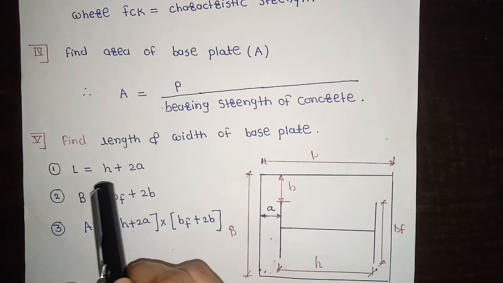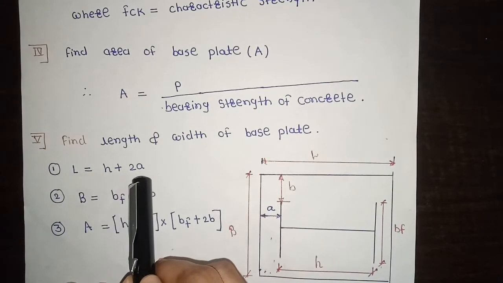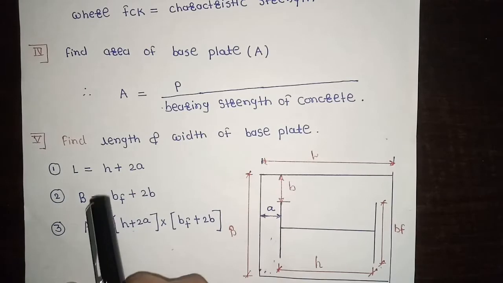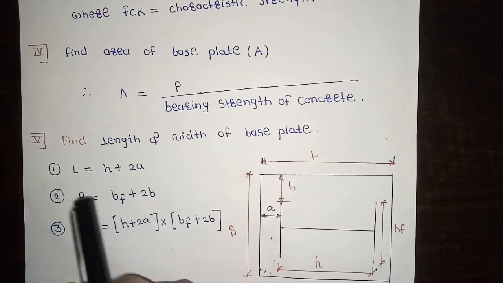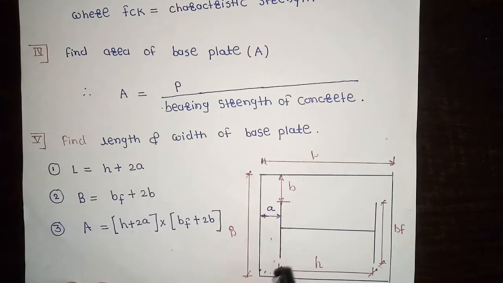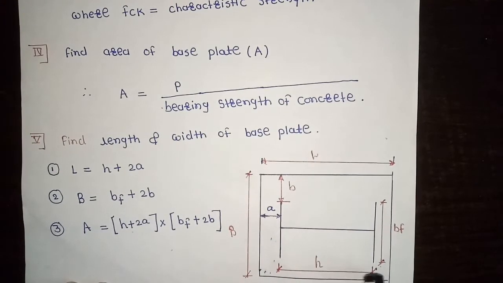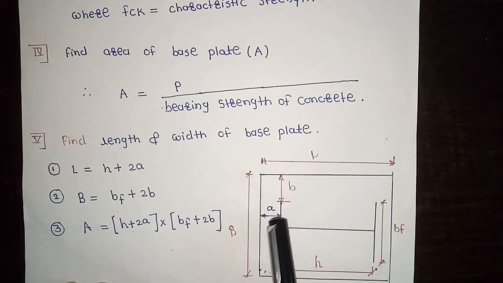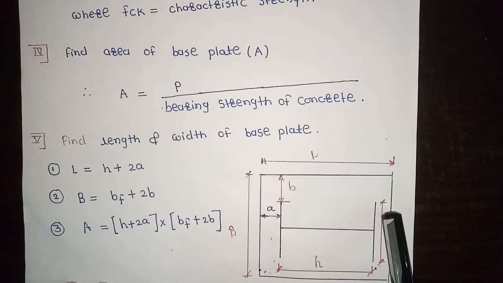L is equal to H plus 2A, B is equal to BF plus 2b. First of all, L is equal to H plus 2A. This is A, and this is the second A.